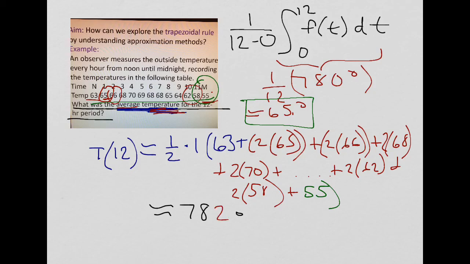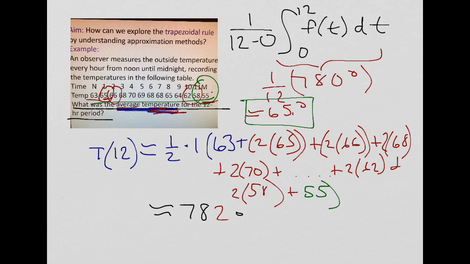And if we did 1/12 of 782, then we get 65.1666667. It's a repeating decimal. So it comes out to 65 1/6 of a degree. But once again, because everything was rounded to the nearest degree, that's how I got my 65.